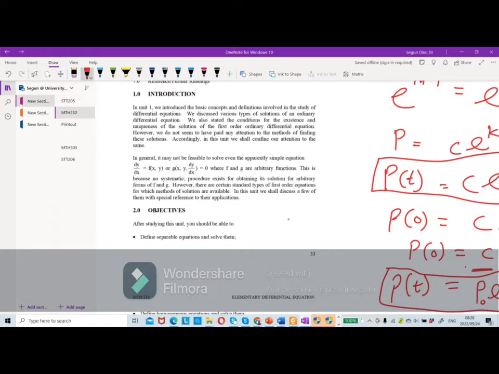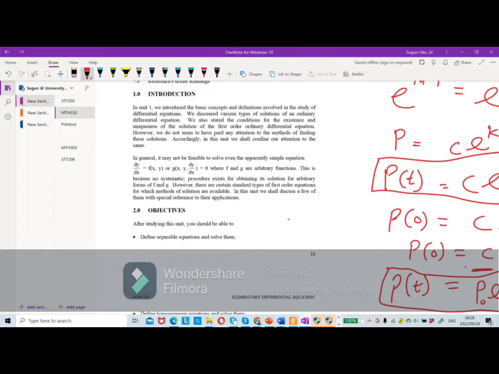In general, it may not be feasible to solve even the apparently simple equation dy/dx = f(x, y), or g(y) dy/dx = 0, where f and g are arbitrary functions.